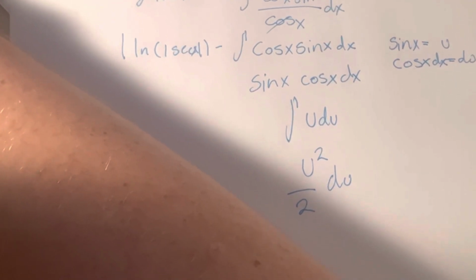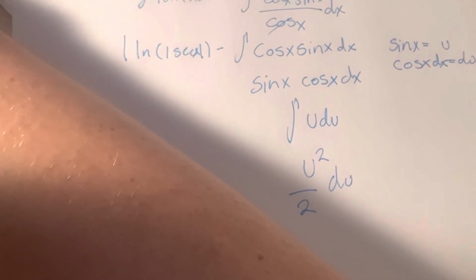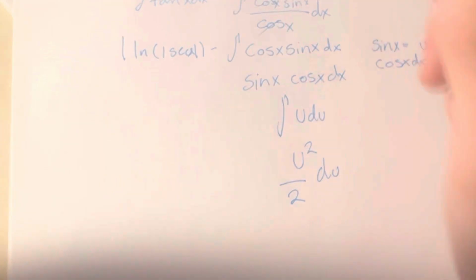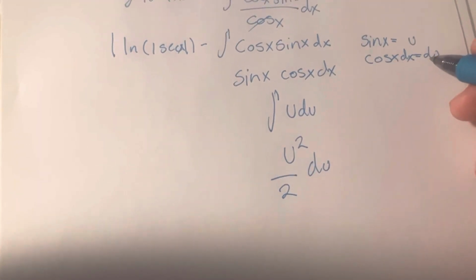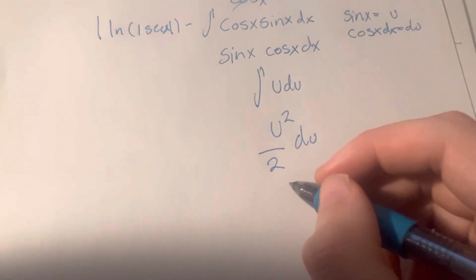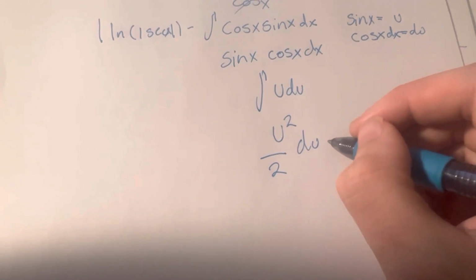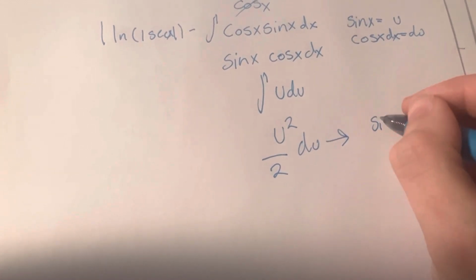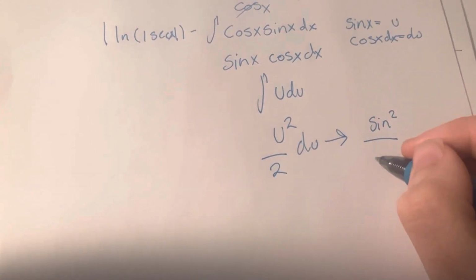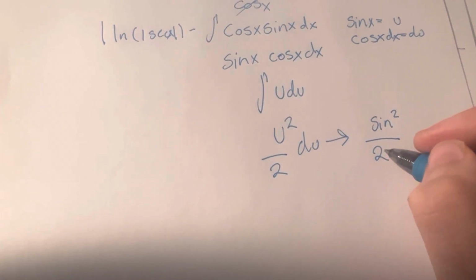Something to note with our substitution, cosine stays the same. So our new integral is sine squared over 2.